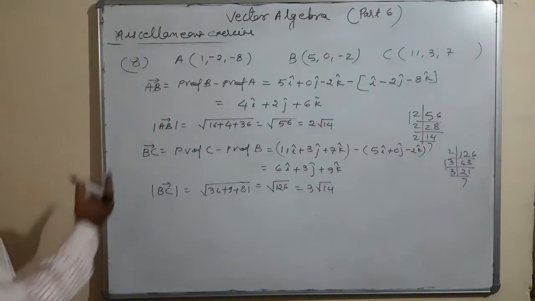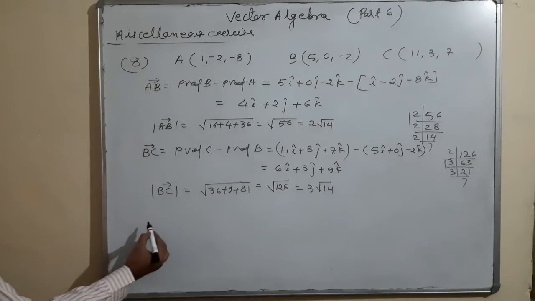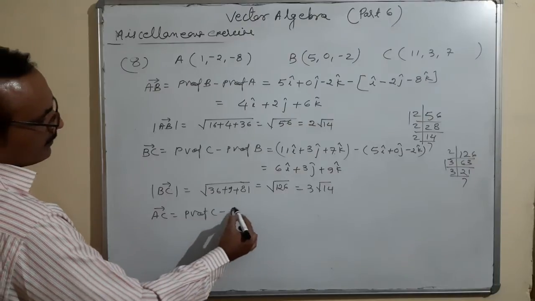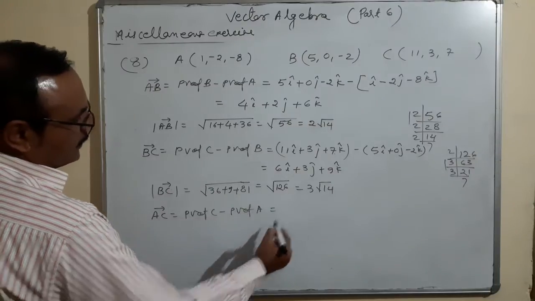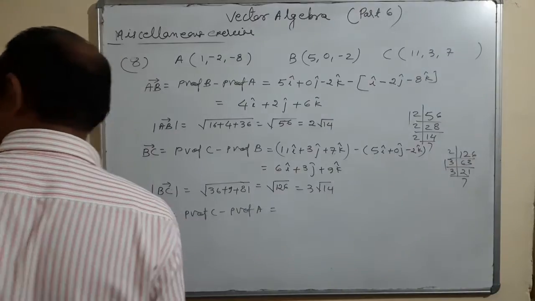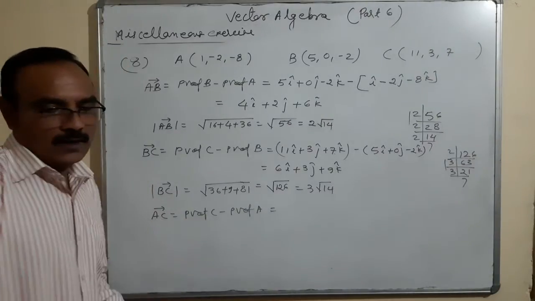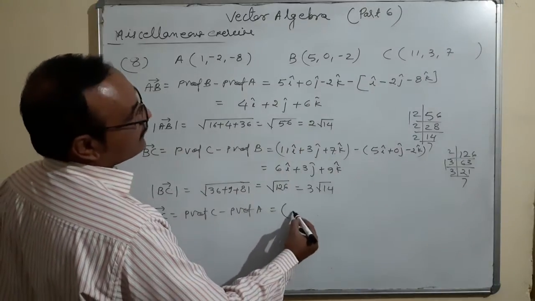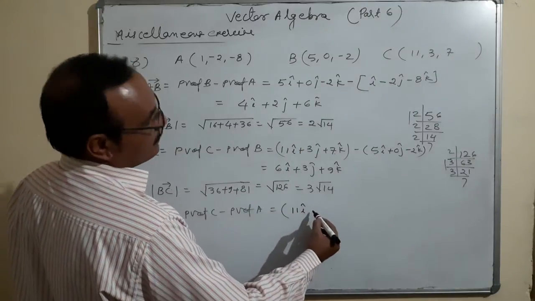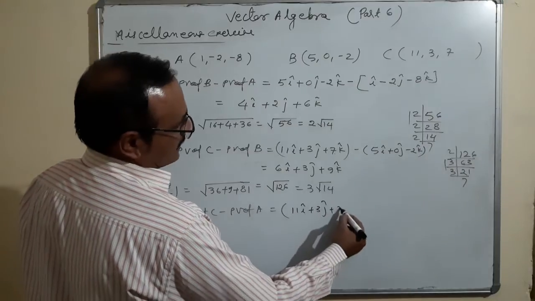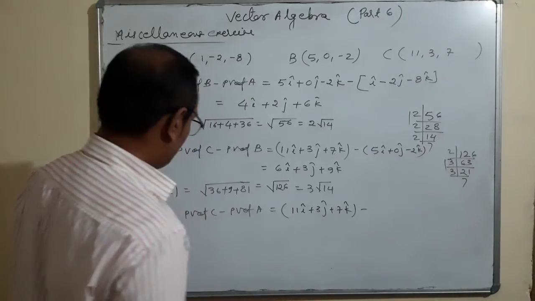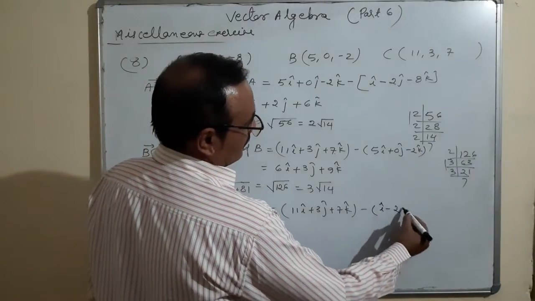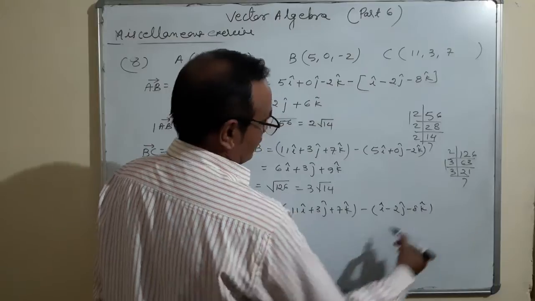And third, we are going to find AC. Position vector of C minus position vector of A. What is the position vector of C? 11i plus 3j plus 7k, minus position vector of A, i minus 2j minus 8k.